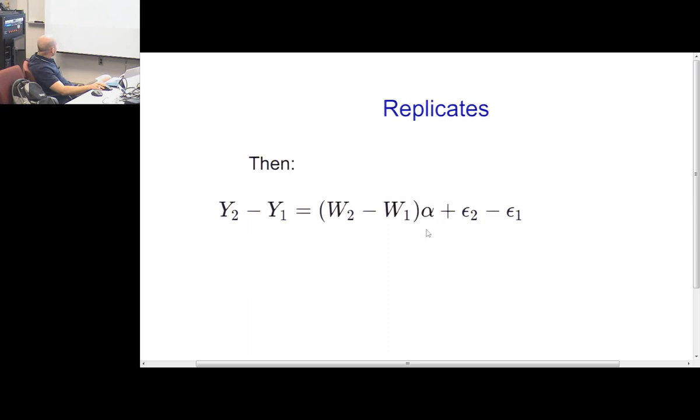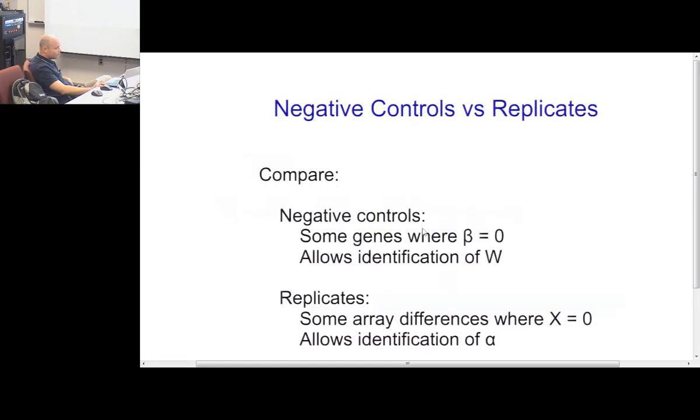And so if we now have a bunch of replicates, we could build up a matrix of these differences and do factor analysis, and that would give us a way of identifying this alpha. So just to highlight here, what I've said about negative controls and replicates, they're similar in a lot of ways. You can think of them as dual to each other.